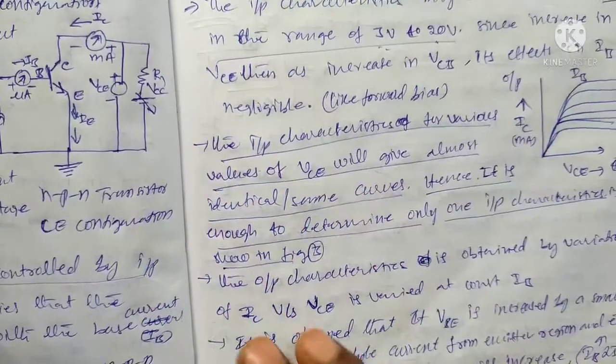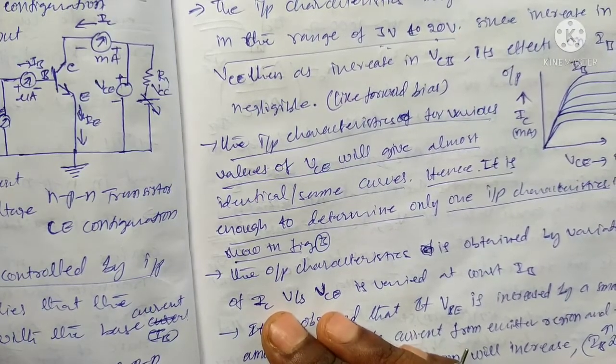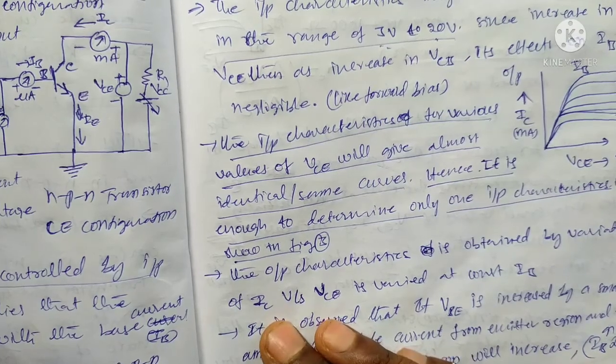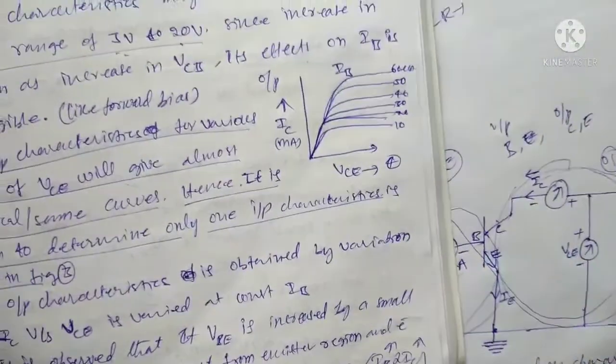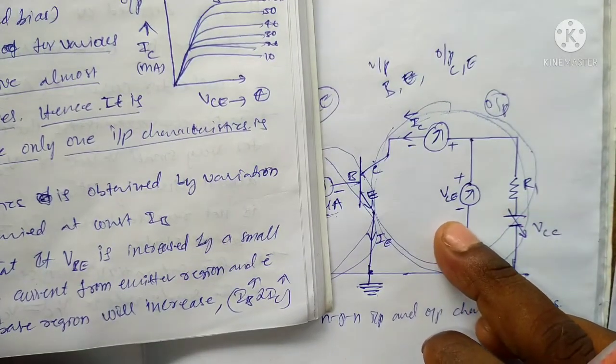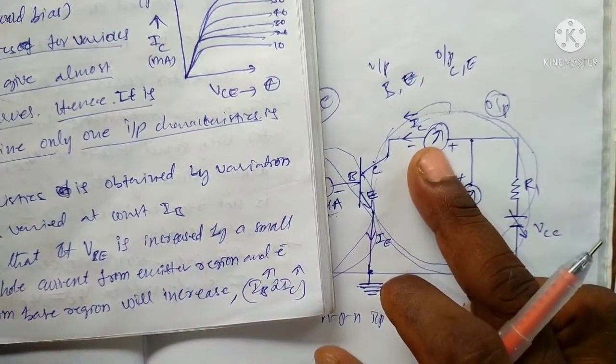Next we study the output characteristics of the CE configuration in the case of an NPN transistor. Output means the variation of VCE and the resulting change in the collector current.